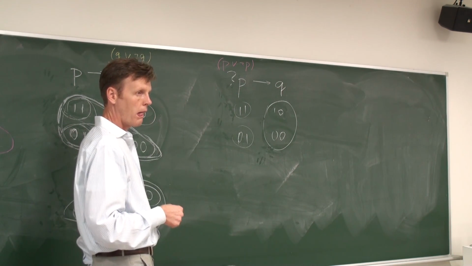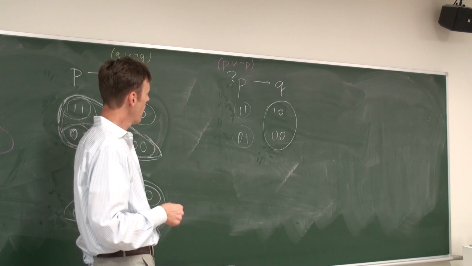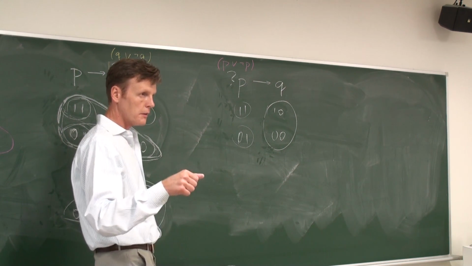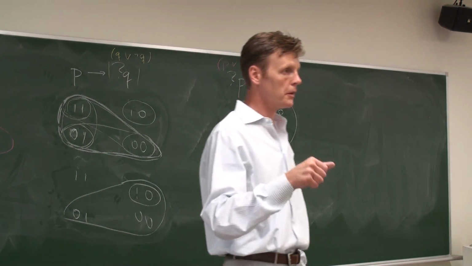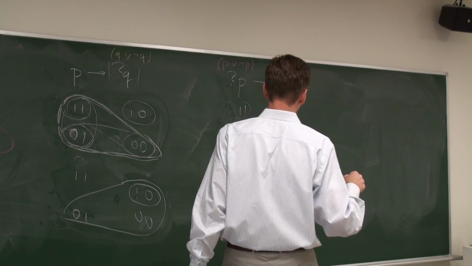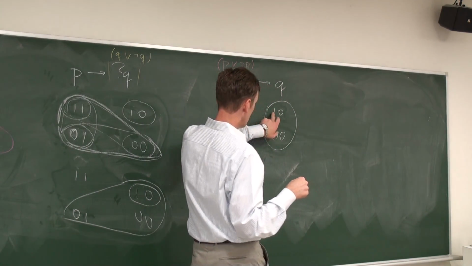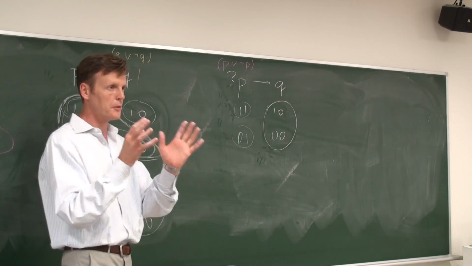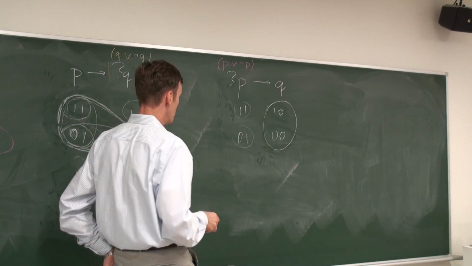But why doesn't it support P or not P? Because for disjunctions, you have to support either of the disjuncts. It supports not P. Yeah, P or not P, right. So it's the strong version of disjunction.